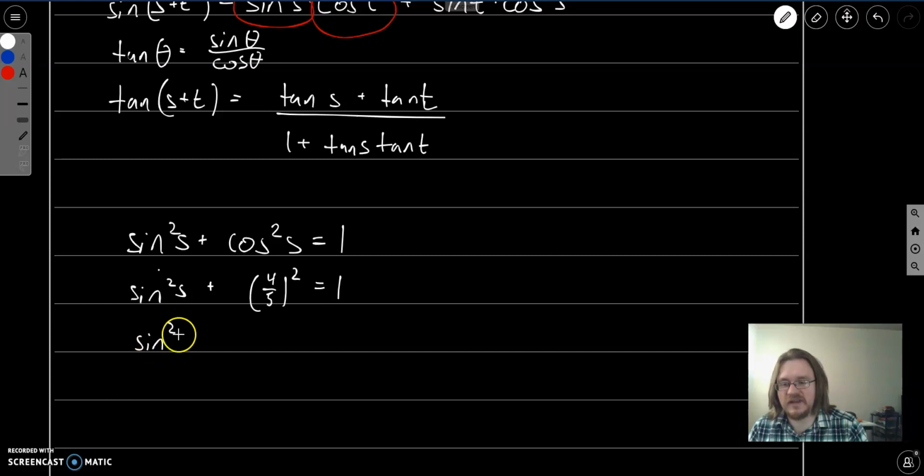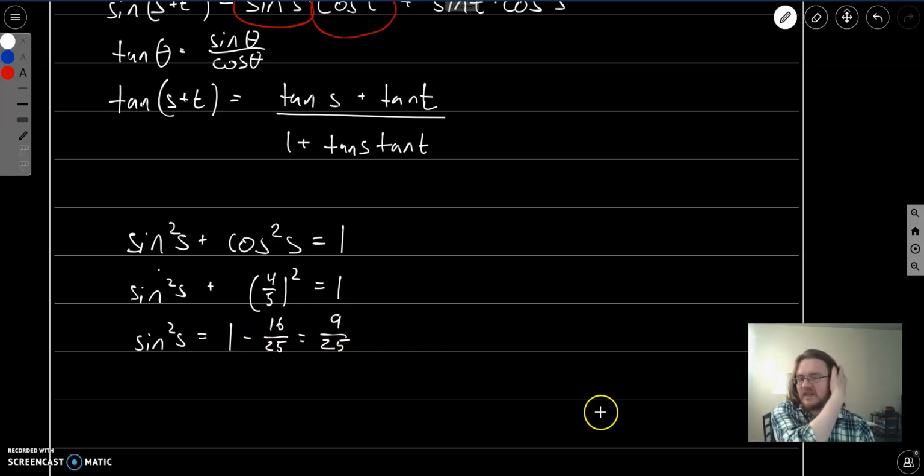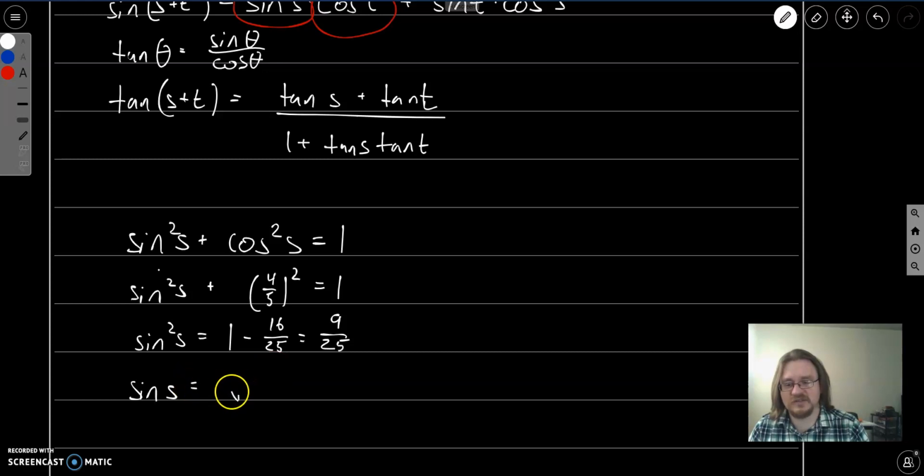So sine squared of S is going to be 1 minus 4/5 squared. 4 squared is 16. 5 squared is 25. So I can rewrite 1 as 25 25ths. So this is going to be 9 25ths. And if I want the sine, I'm going to have to take the square root of both sides. So this is going to be the square root of 9 25ths, which the square root of 9 is 3, and the square root of 25 is 5.